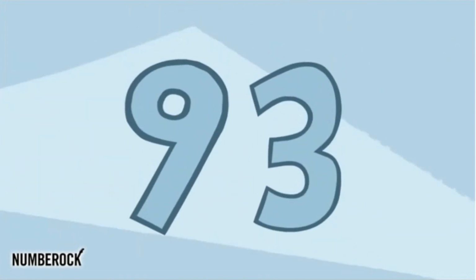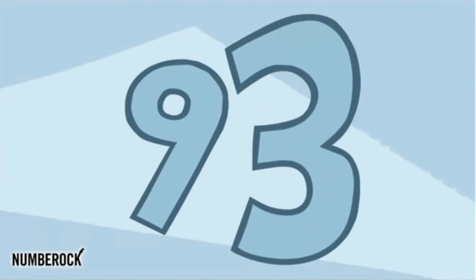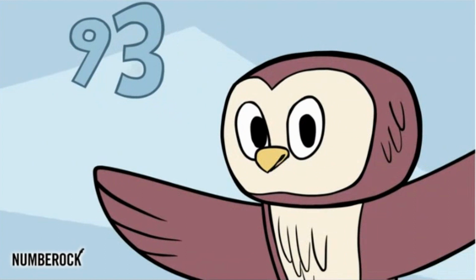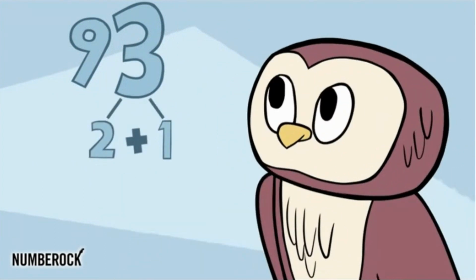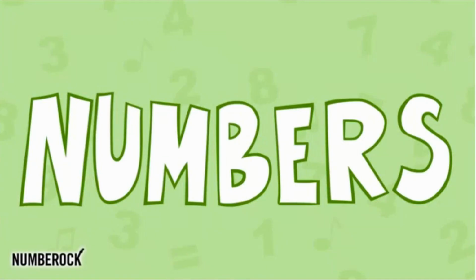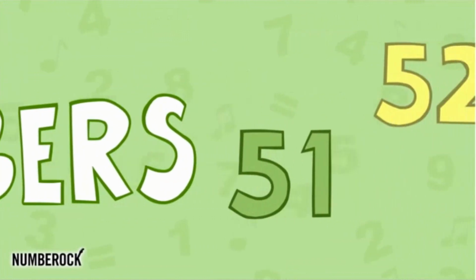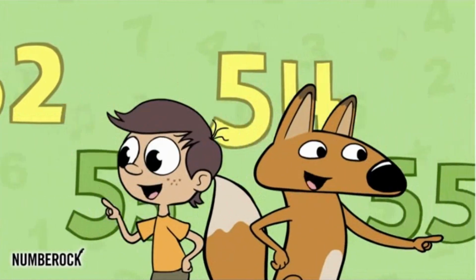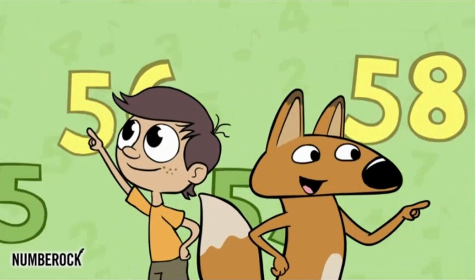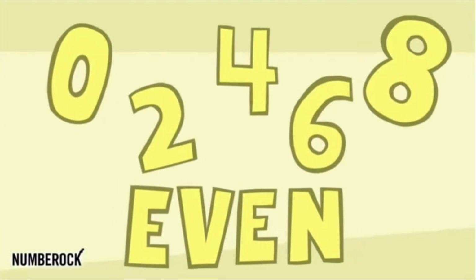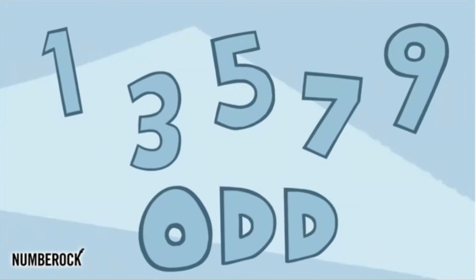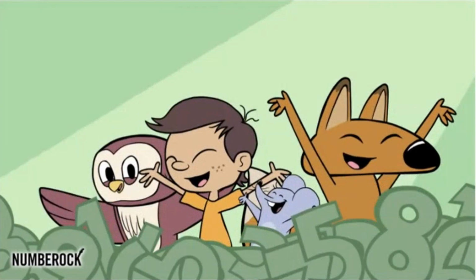Or what about the number 93? That number's odd because you see, the last digit's the odd number 3, which means it can't be split evenly." Numbers big and small, today we're gonna count them all. Some are even, some are odd. Won't you join our counting squad?